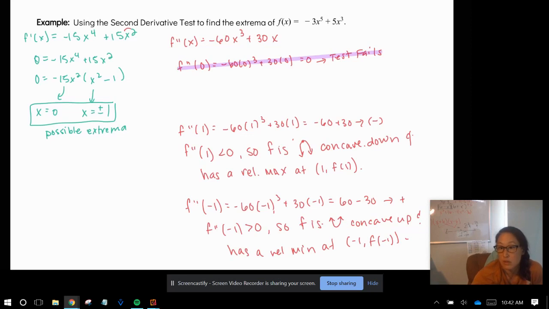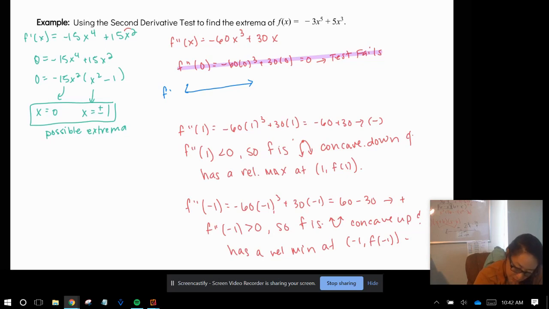Okay, what do we do now about this test that failed? It's inconclusive. We don't know if we have a relative min or a max or nothing. So what we do is we have to go back to the first derivative test. So I'm going to make myself a number line. And I only need to test the value to the left of 0 and to the right of 0, because I already know what's going on at 1 and negative 1.